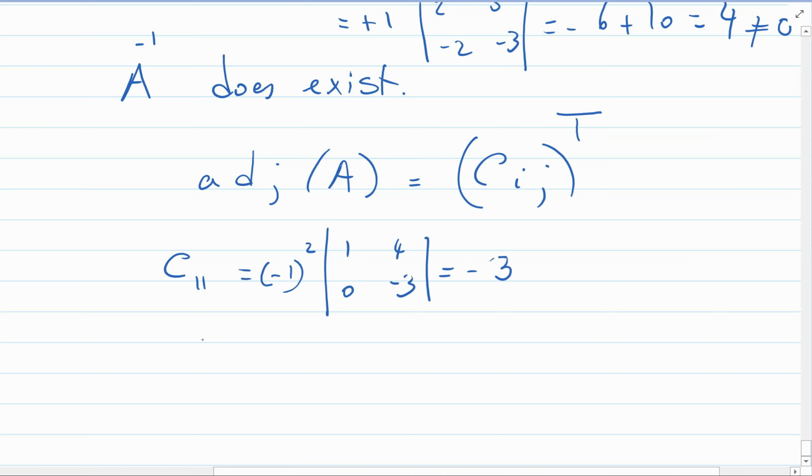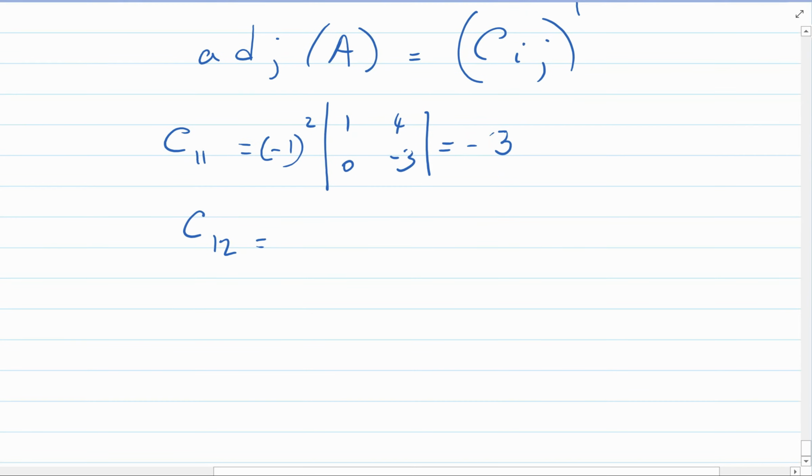Okay, C12. I'm not going to do all the formulas, but I'm just going to give you three of them, and the rest I will just write. So this is minus 1 to the power 3, and then we remove the first row and the second column, and we are left with 0, minus 2, 4, minus 3.